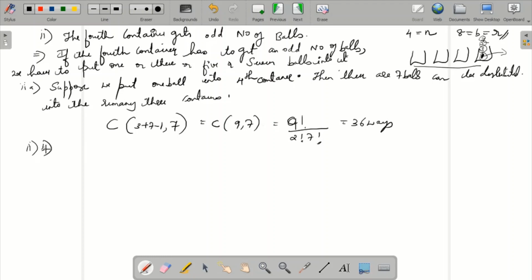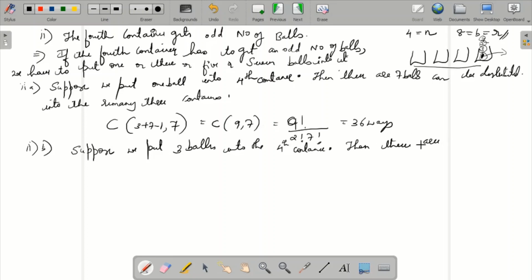Suppose we put 3 balls into the fourth container. Then remaining how many balls are there?